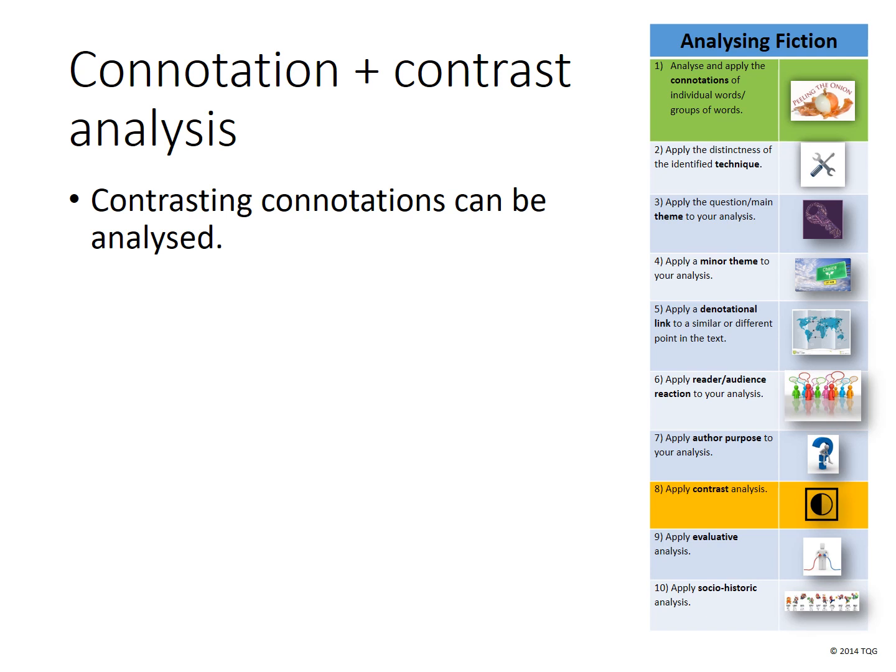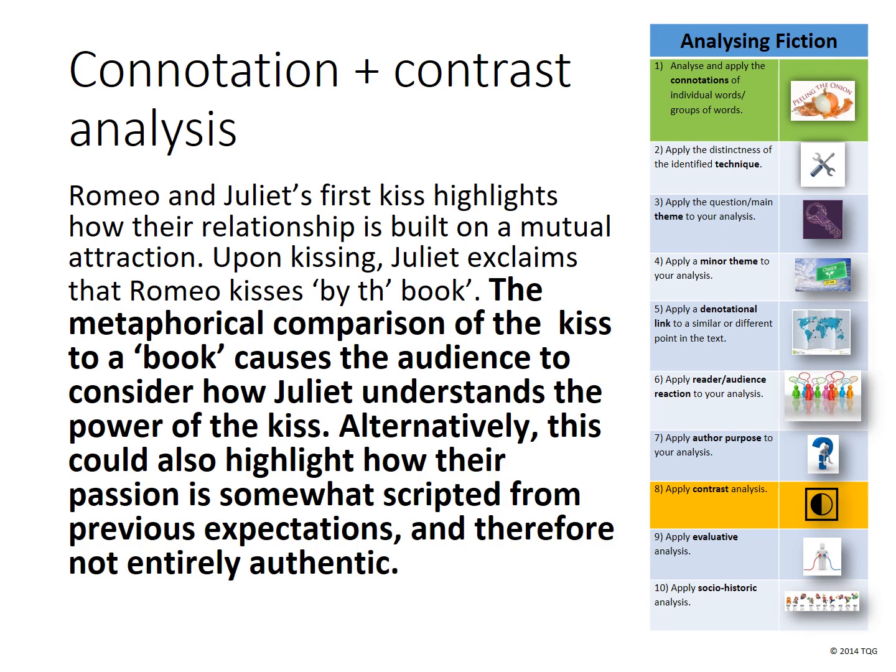So our next type of analysis will link also to evaluative analysis. This is connotational analysis and contrast analysis. This really needs to be one of the most fundamental pieces of analysis that you use. And this is where contrasting connotations are analysed. The example I use is here. The metaphorical comparison of the kiss to a book causes the audience to consider how Juliet understands the power of the kiss.